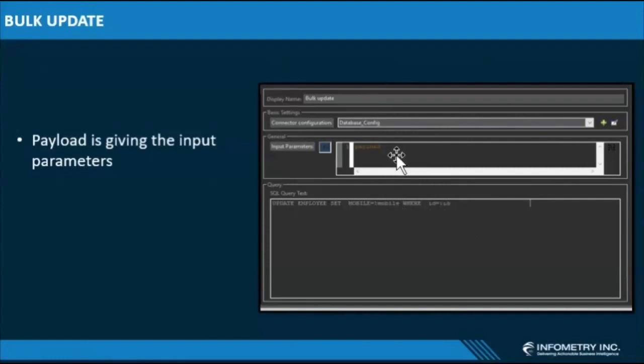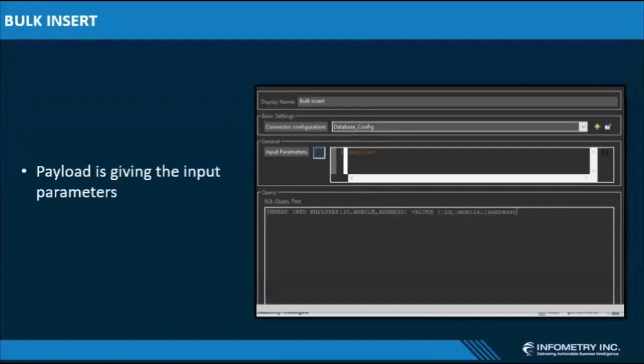Now, since we are using bulk update, the input parameters expect ID and mobile as an array of objects, so that it will update multiple records. So the only difference between update and bulk update will be the input parameters. If the input parameters are an array of objects, then we should use bulk update. If it is a normal update, it will accept only a single object.